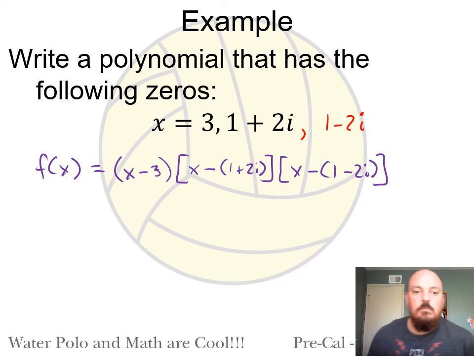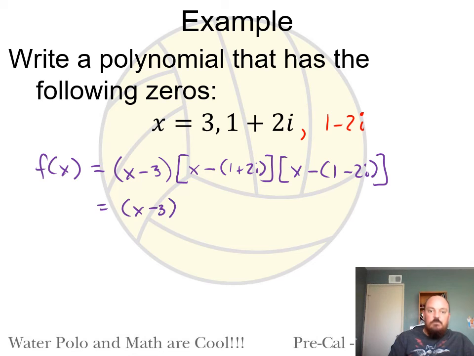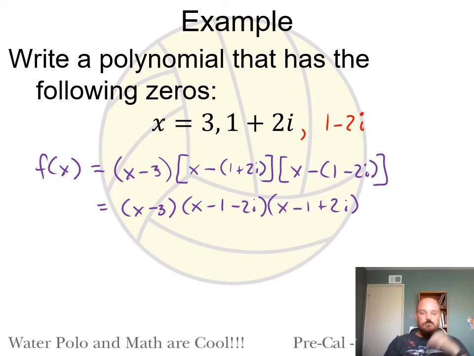So if I clean this up a little bit, what I get is x minus 3 times x minus 1 minus 2i, if I distribute that negative, and x minus 1 plus 2i, if I distribute that negative on the second one.